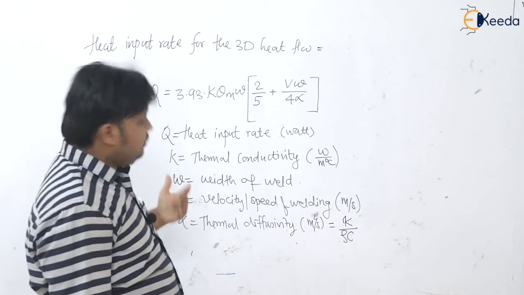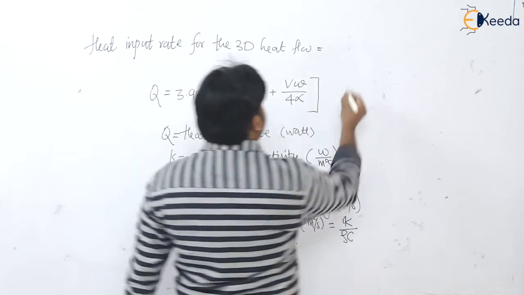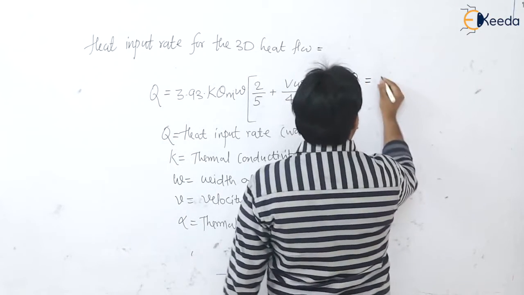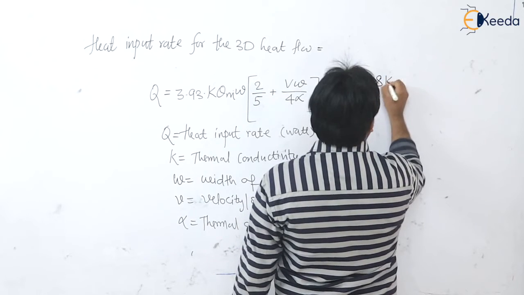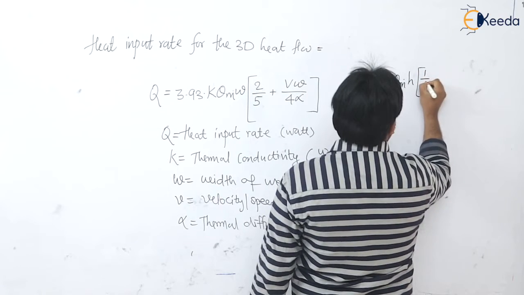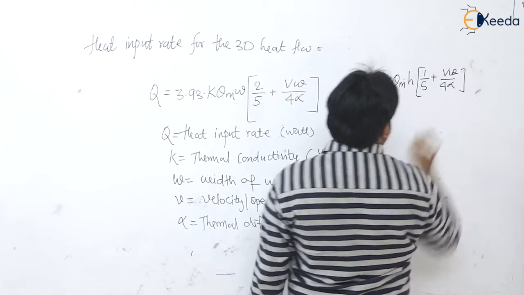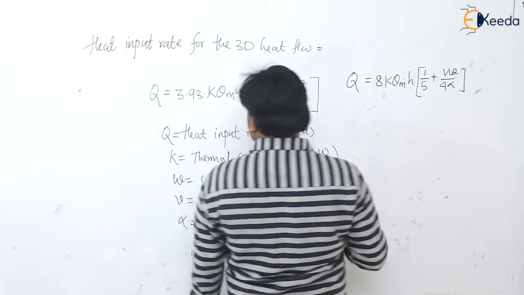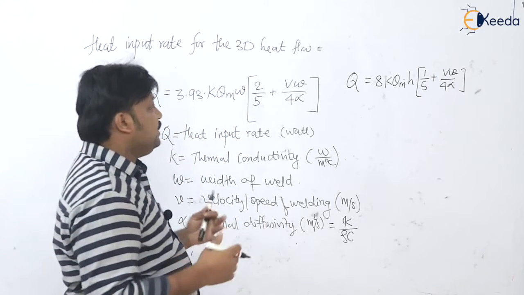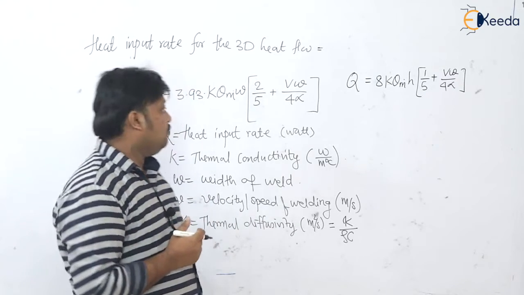At the same time we can have the heat input rate for the two-dimensional heat flow, that is given as Q equals 8 K theta m H into bracket 1 upon 5 plus VW divided by 4 alpha. Again, theta m in both the cases is the temperature above the initial temperature up to the melting point of that material.